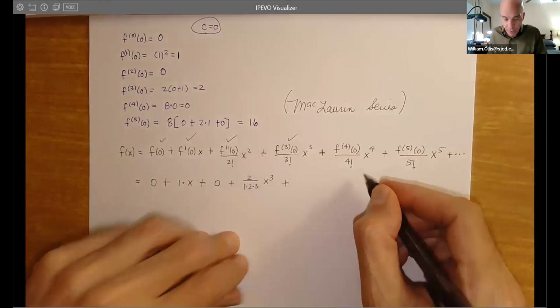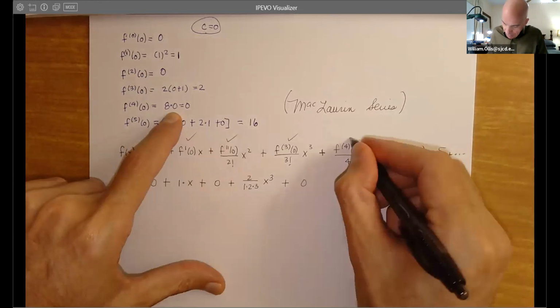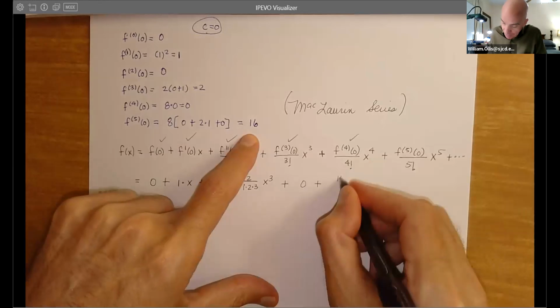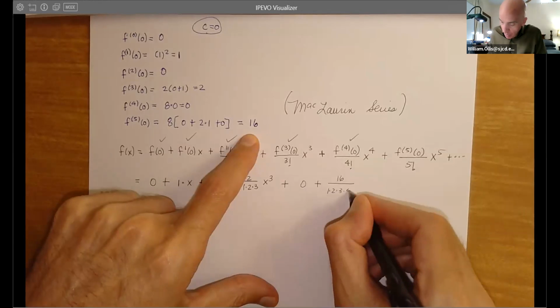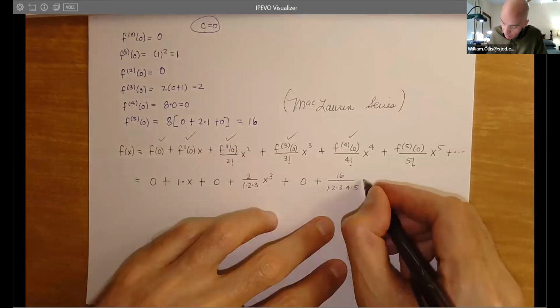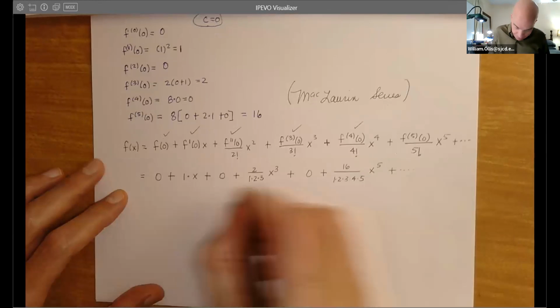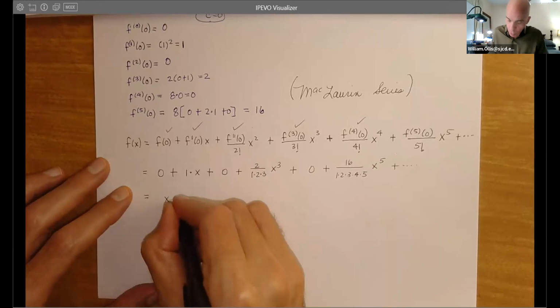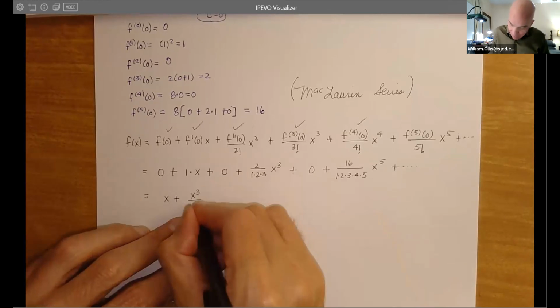And then the fourth derivative at 0 is 0. And then the fifth derivative is 16. So 16 over 1, 2, 3, 4, 5. Always factor the factorials. That way it's easier to compute. So this gives us x plus, well, of course, the 2's absorb. So we get x cubed over 3.